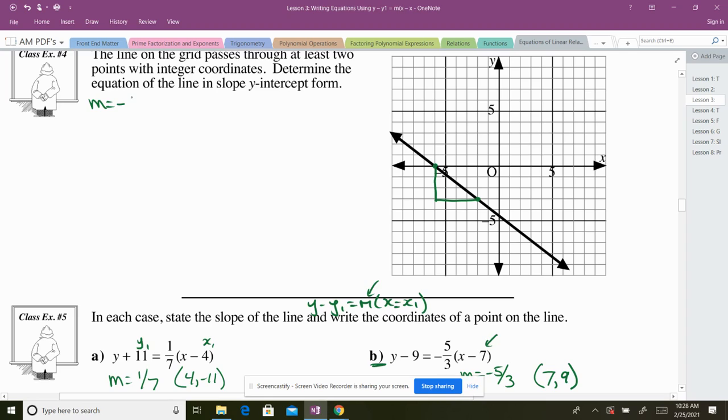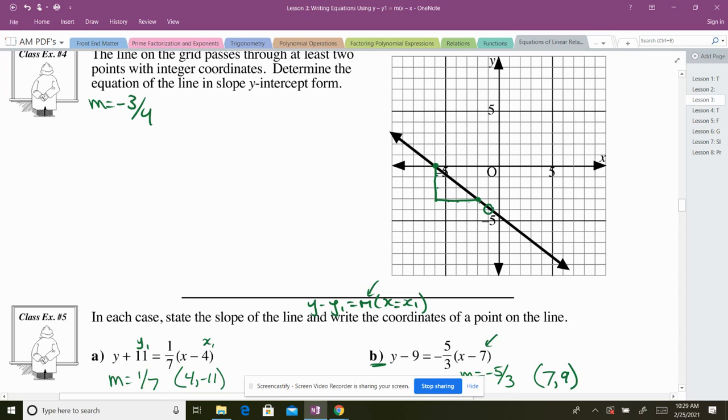Negative what? 3 down, 4. Negative 3/4. Whoever said negative 3/4 is right. Down 3, 1, 2, 3 over 4. 1, 2, 3, 4. You want to pick points where the line goes directly through a corner.